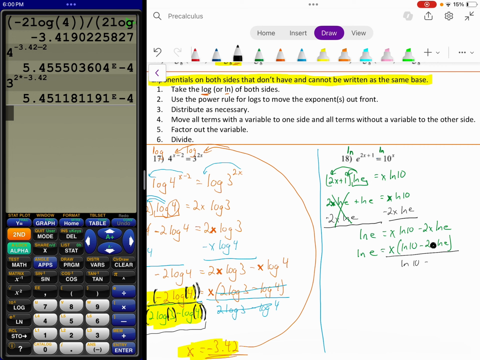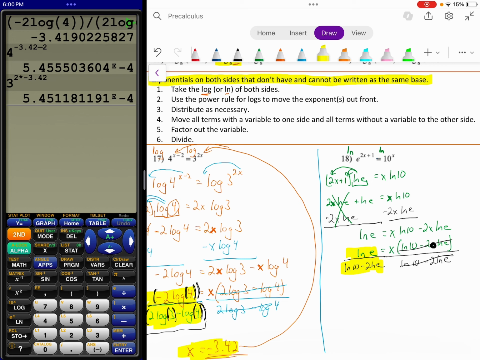That x should not be there. So minus 2 times the natural log of e. Divide both sides by that. So natural log of 10 minus 2 natural log of e cancels. This is our exact answer, although there's a couple natural log of e's in there, which isn't good.